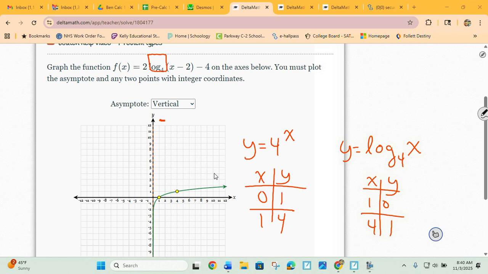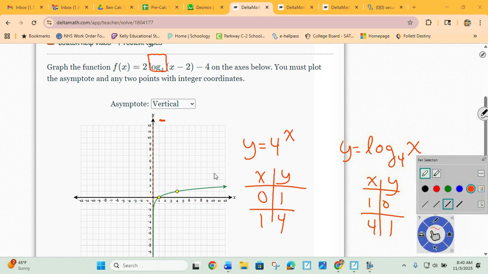This 2 right here is saying whatever your height is, multiply it by 2. So see how my height here is 0? Well, 0 times 2 is still going to be 0. That height's not going to be affected.